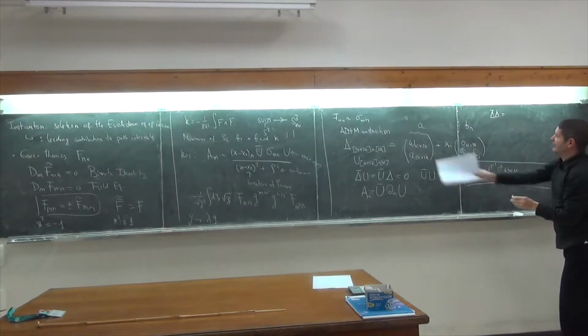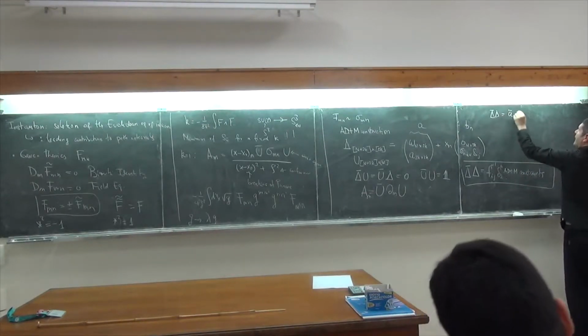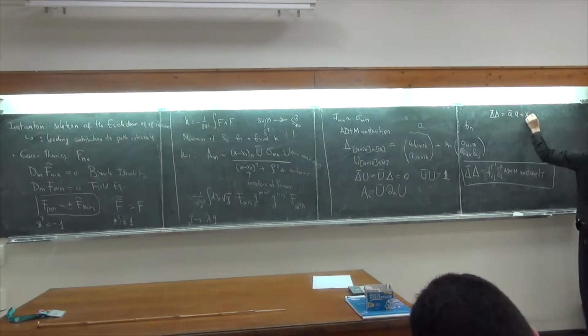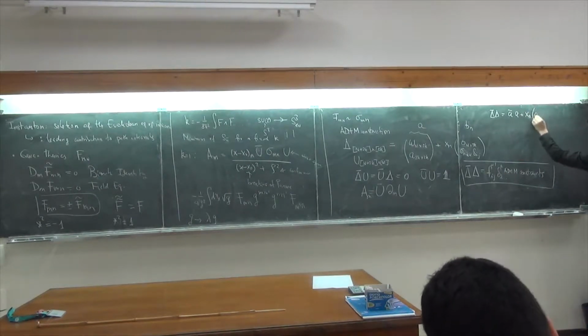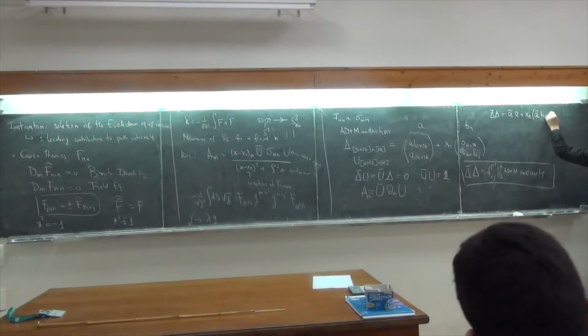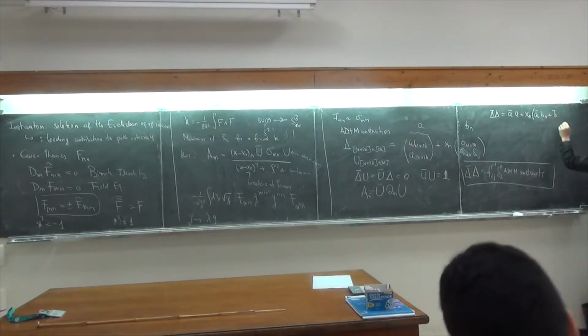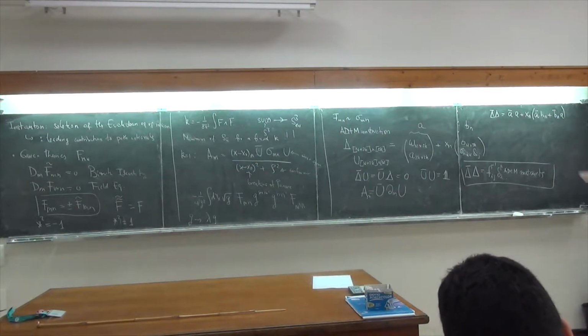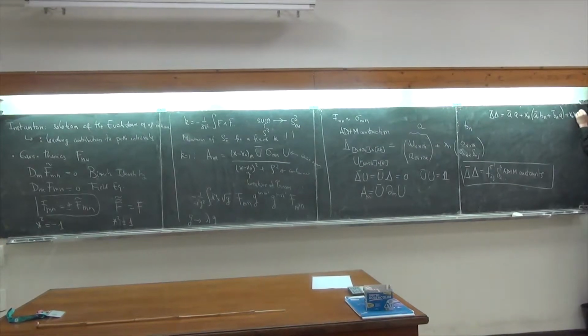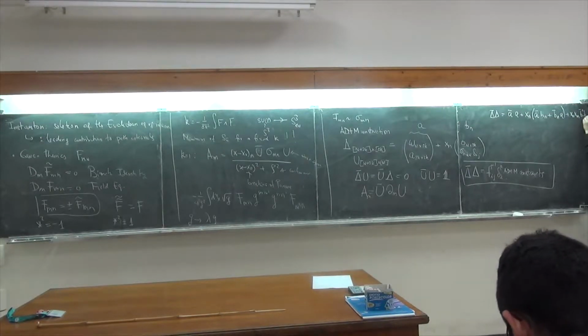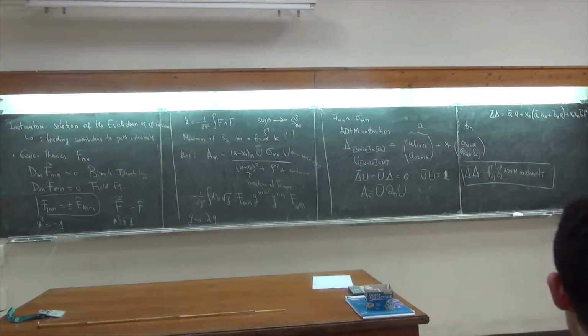delta is A bar A plus x_n A bar B_n plus B bar_n A plus x_n B bar_n B_n.